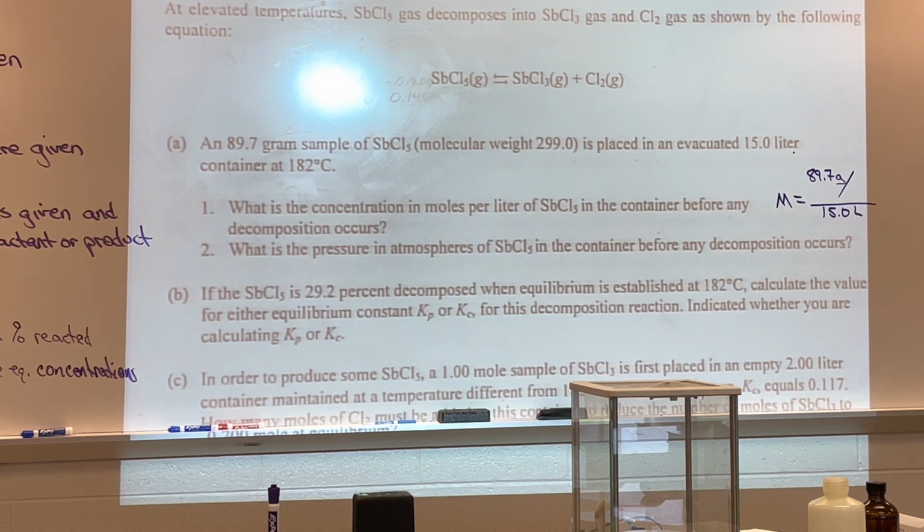I think it tells you the molecular weight. Yeah, it does. It does tell you the molecular weight. Good. Makes it easy.